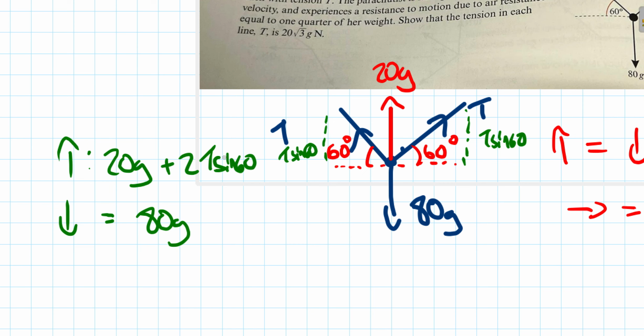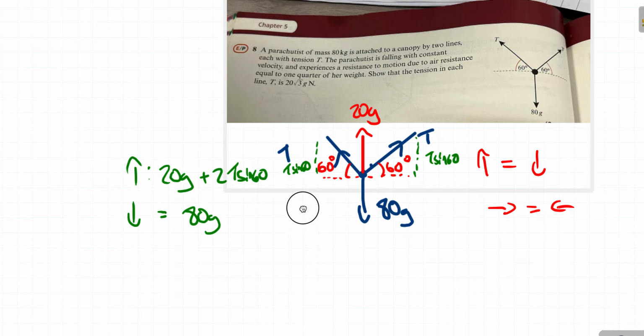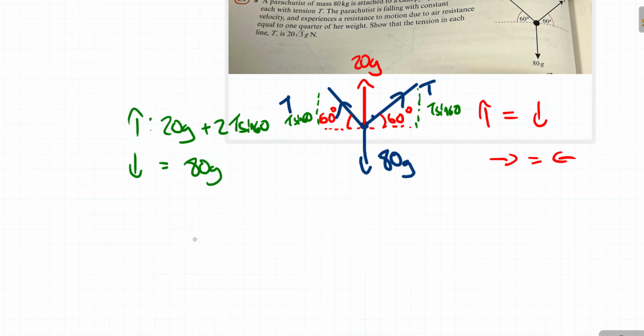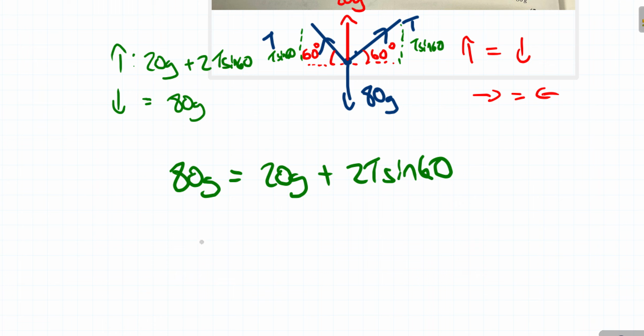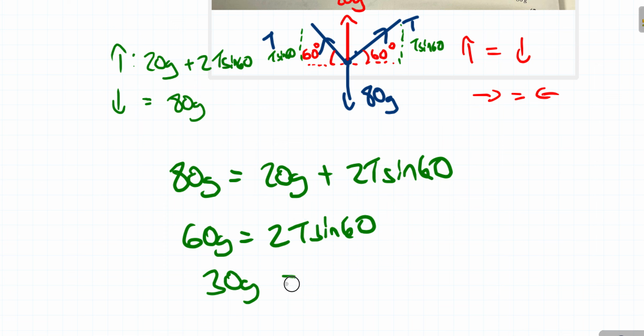There is only one unknown in this question, which is the tension, so we can solve directly from here. 80G is equal to 20G plus 2T sine 60. We subtract 20G from each side, so we get 60G equals 2T sine 60, then divide by 2 to get 30G equals T sine 60.